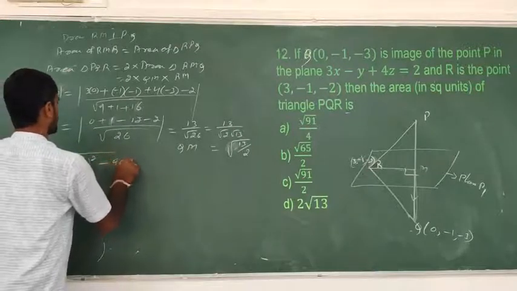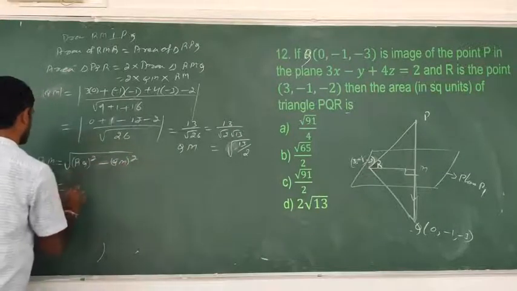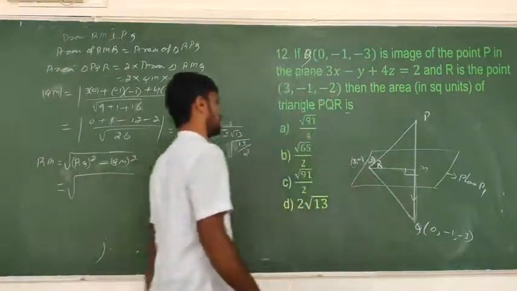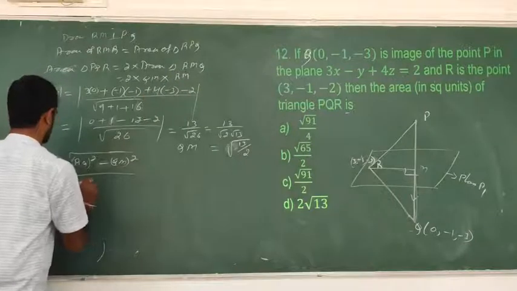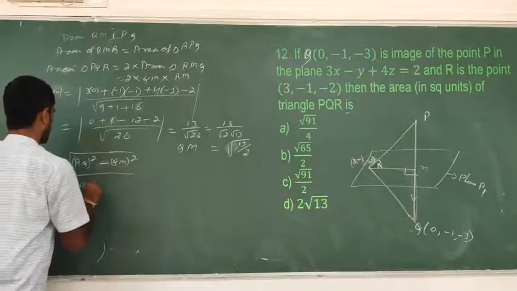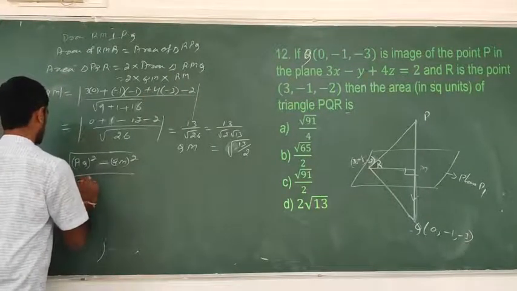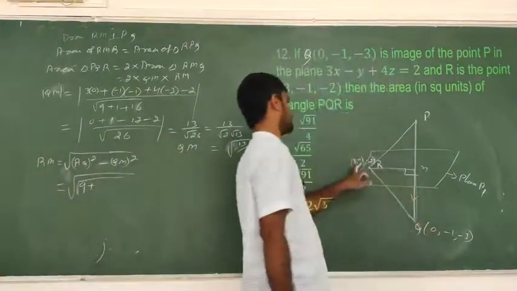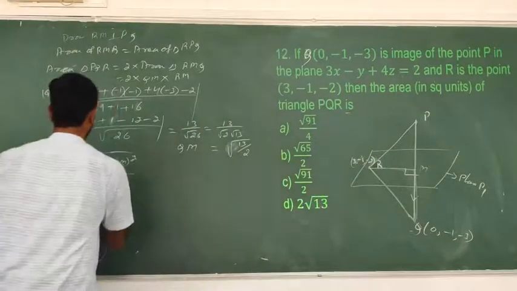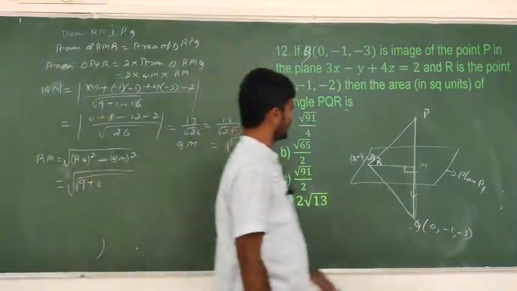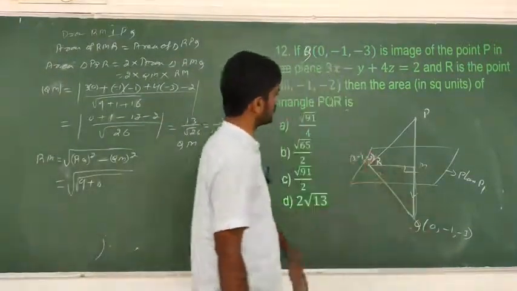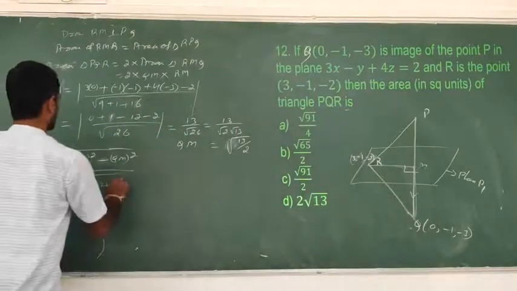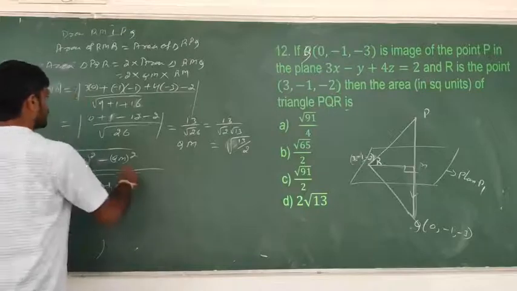minus QM whole square. So that is equal to square root of RQ square, and by using distance formula, 0 minus 3 whole square is 9, plus next, minus 1 plus 1, so that is 0 square is 0, plus next, minus 3 plus 2 whole square is 1, so 9 plus 1, that is 10, minus QM whole square.